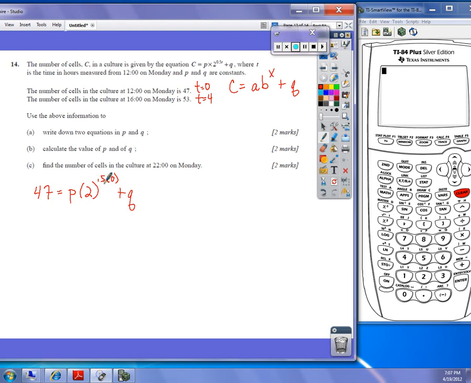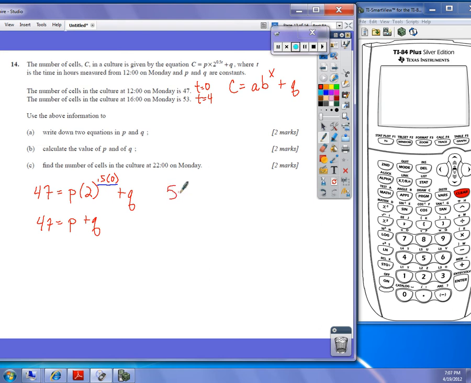The exponent becomes 0.5 times 0, so that's 2 to the 0, which you know is 1. So then the problem becomes 47 is equal to P times 1, which is just P, plus Q. Isn't that slick?